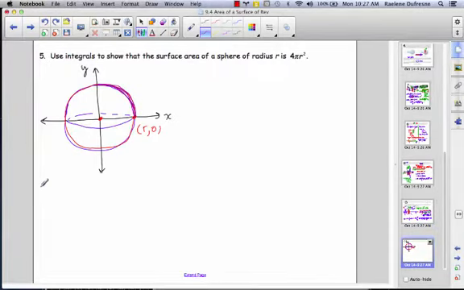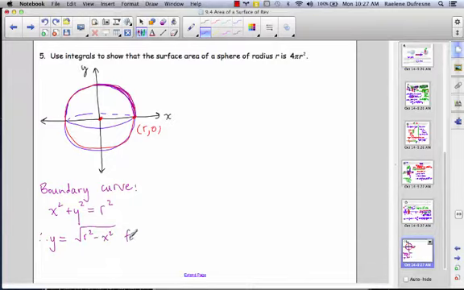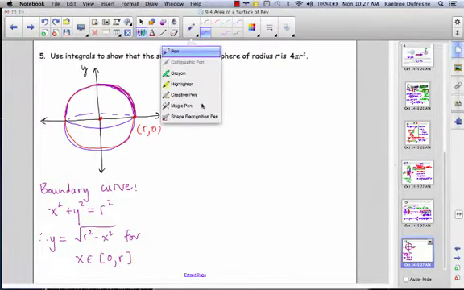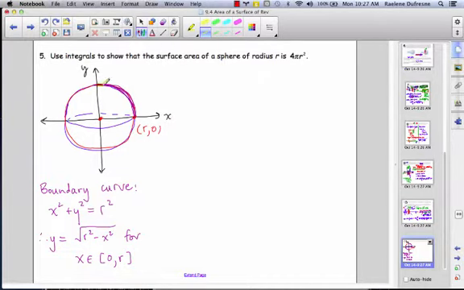Well, I have the entire boundary curve given by x squared plus y squared equal to r squared, and therefore y in quadrant 1 is going to be the square root of r squared minus x squared for x from 0 to r. So if we revolve that boundary curve, I think I'll highlight it so we can see it a bit better.